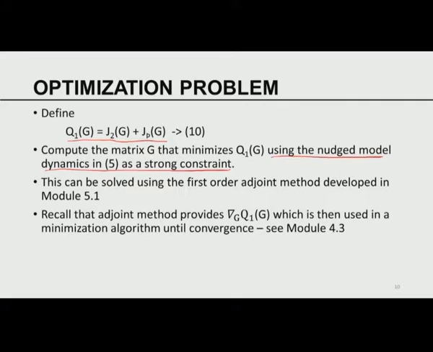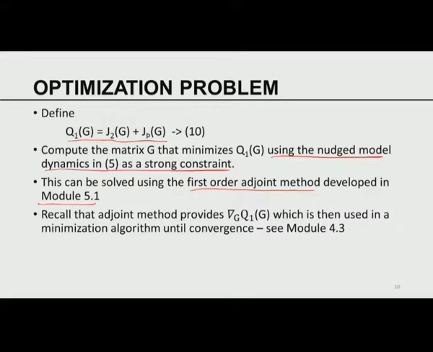So what is it that we can do? We can essentially develop the first order adjoint method that was developed in 5.1. So we can use the first order adjoint method of module 5.1 to be able to decide on the optimal G. So what do we do?